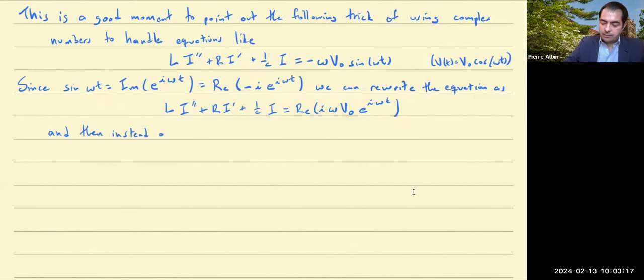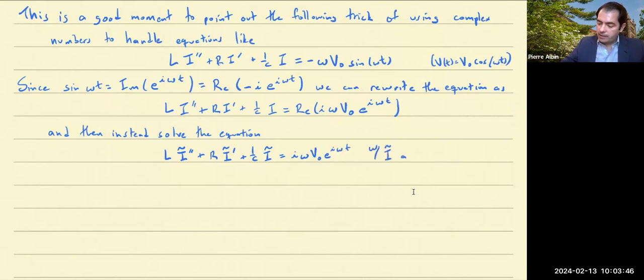So instead, we want to solve the equation L times I tilde double prime plus R times I tilde prime plus 1 over C I tilde equals I omega V naught e to the I omega t, with I tilde a complex number valued function.